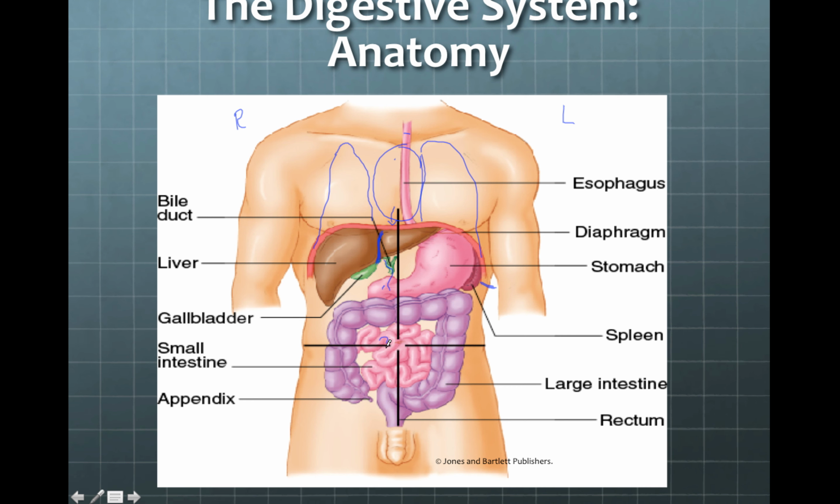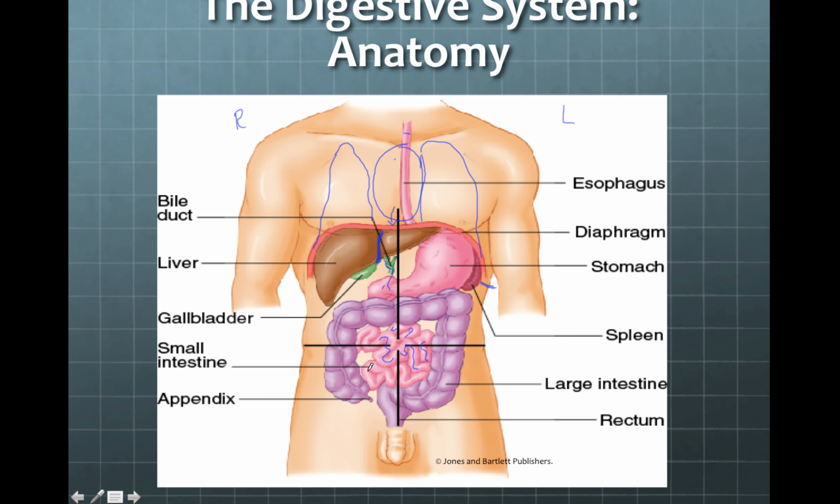And it's in these structures here that you've got absorption of nutrients taking place. Okay, so the nutrients will leave the small intestine and start to permeate into the blood vessels, and that will carry the nutrients throughout the body. Waste products will then be transported into the colon.